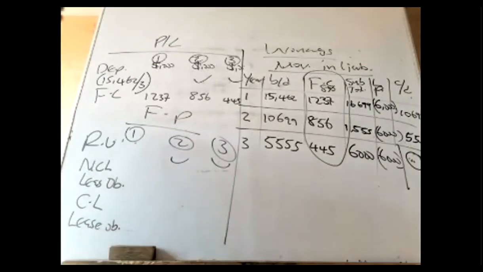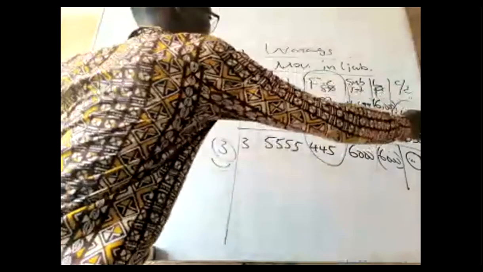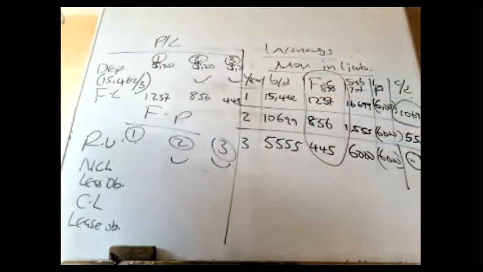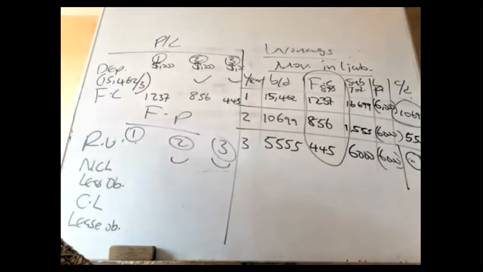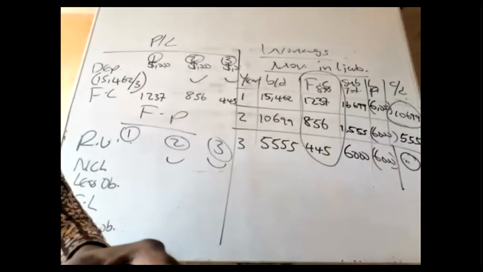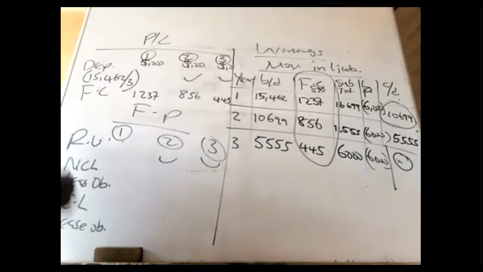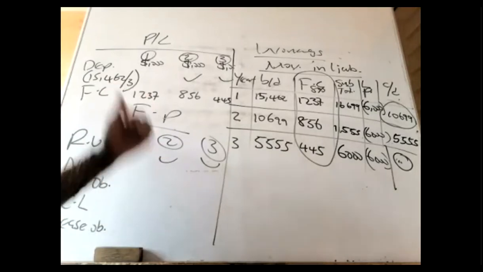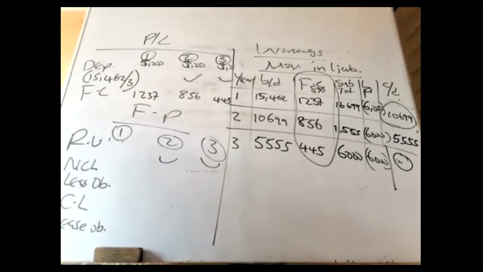So we said that this particular figure, 10,699, becomes the total liability at the end of the first year. We need to break this into two, current and non-current. To get the non-current one, go to the next year, the balance left after the last repayment, that becomes the non-current liability.